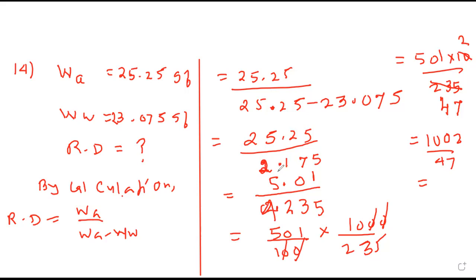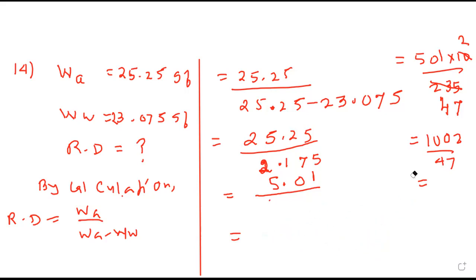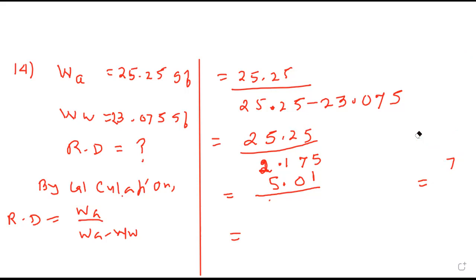It's a calculation error. 0.5 into 420. Yes sir, it is coming 11.6.